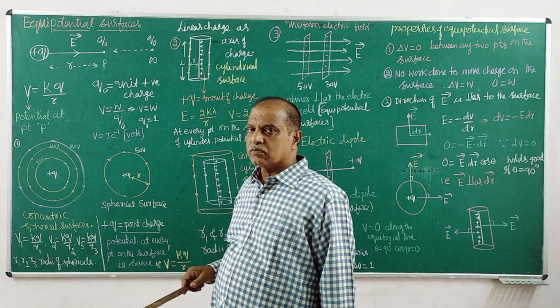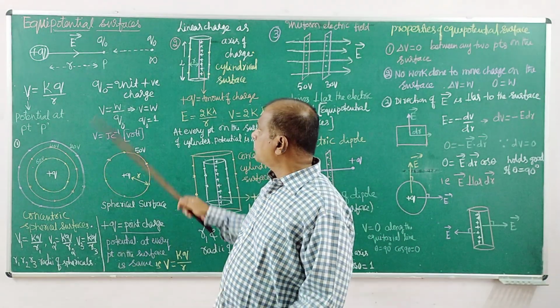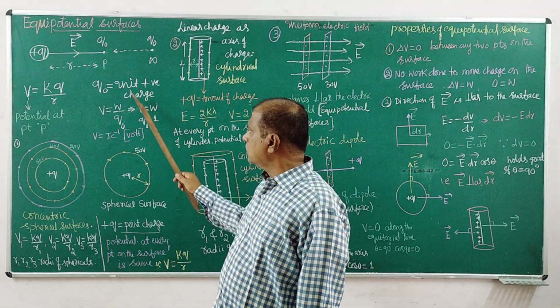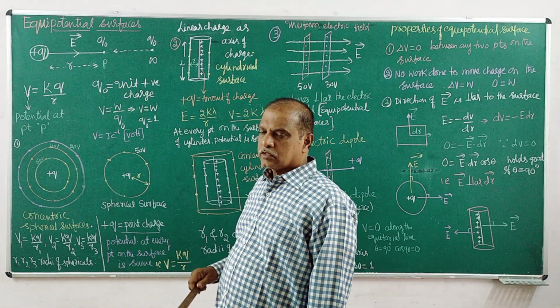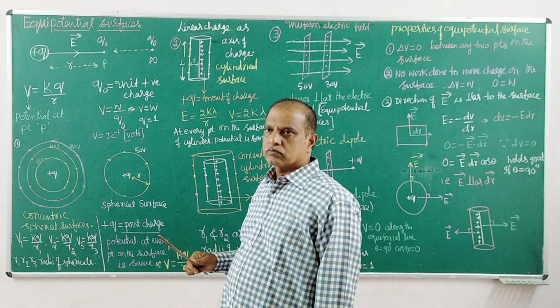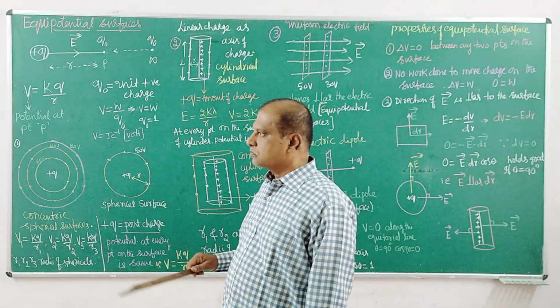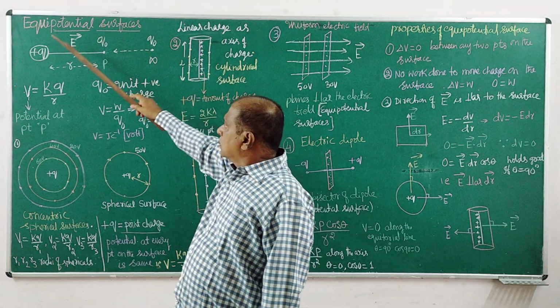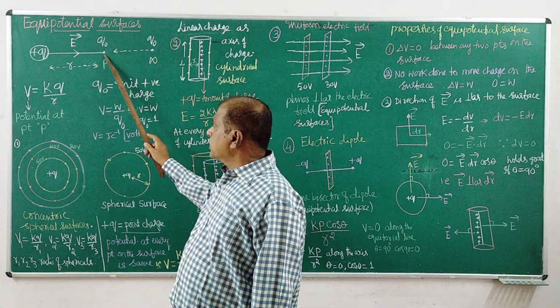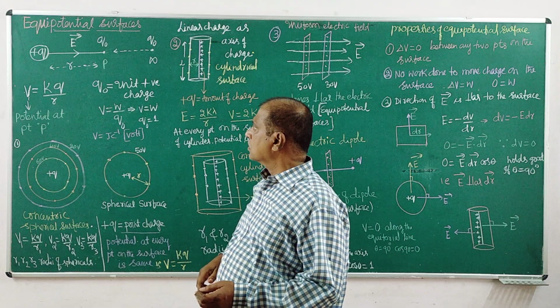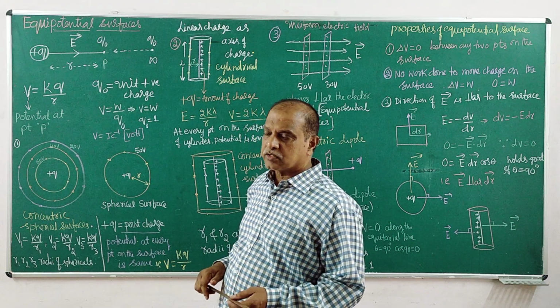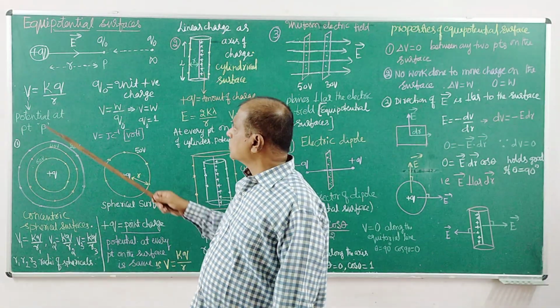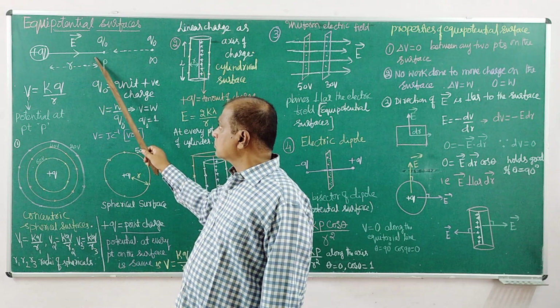If you place a unit positive charge, a charge of 1 coulomb, at this point, and it should be a positive charge, then due to the same type of charge there is electrostatic repulsion.